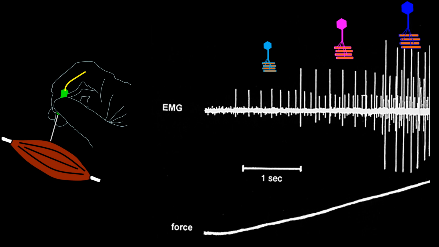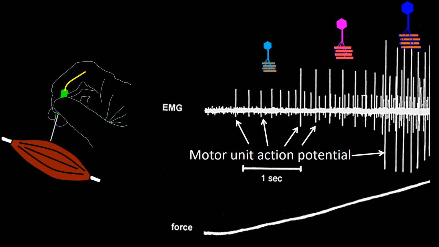The contraction of a motor unit, large or small, is called motor unit action potential. Notice that the frequency of the motor unit action potentials increases in relation to the increase in force. This occurs in the small motor unit action potentials as well as in the medium size and large size motor unit potentials.